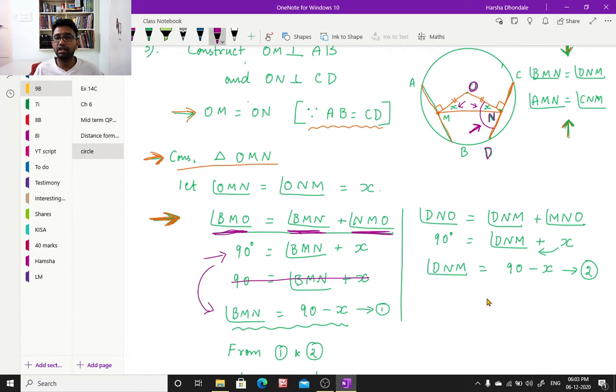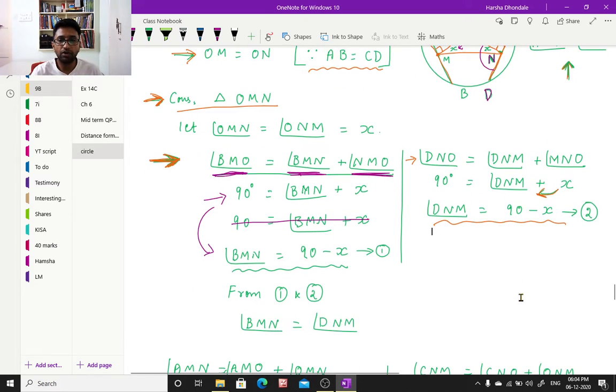This part is DNM, and this part is MNO, which is X. So that's what I have written. So DNO is equal to DNM plus MNO. DNO is 90 degrees and this is equal to DNM plus X. I'll send this X to the other side and then I get DNM is equal to 90 minus X. I'm calling this equation 2.